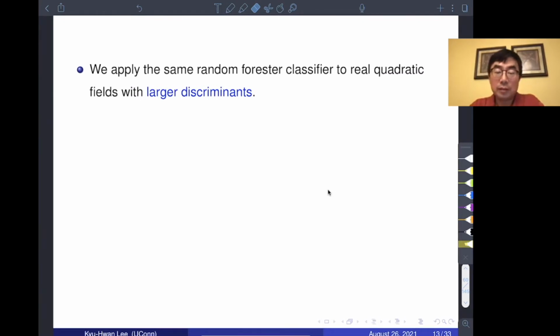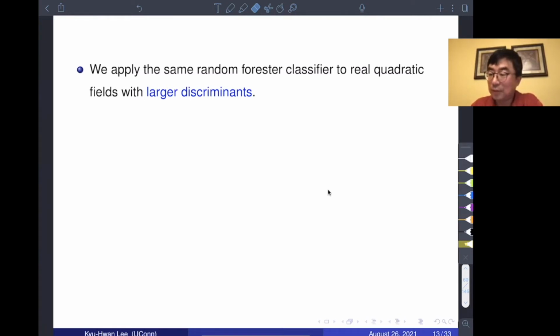So we apply the same random forest classifier to real quadratic fields with a larger discriminant. We may investigate if it was an overfitting because we divided 70% for training and then 30% for testing. We didn't think that it's an overfitting, but we wanted to check if the classifier really has the information about class numbers.